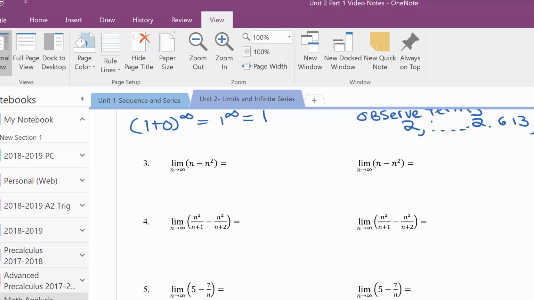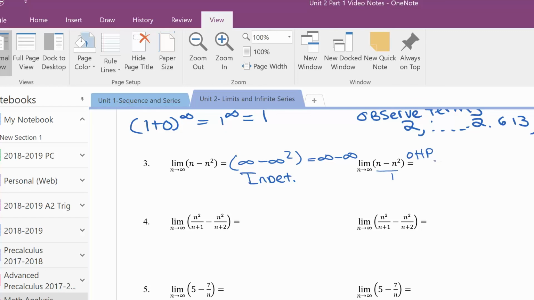All right, next one, by plugging in infinity, you get infinity minus infinity squared, which is infinity minus infinity, which is indeterminate. So n minus n squared, if you observe highest powers, notice you can say this is over 1.